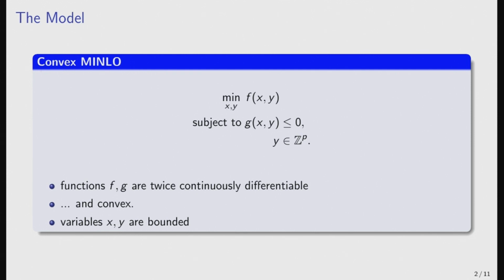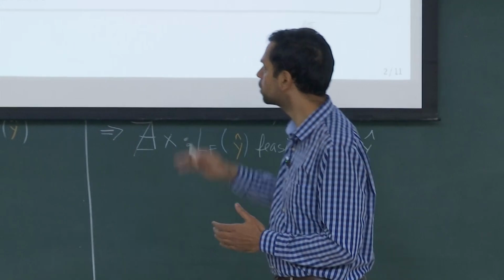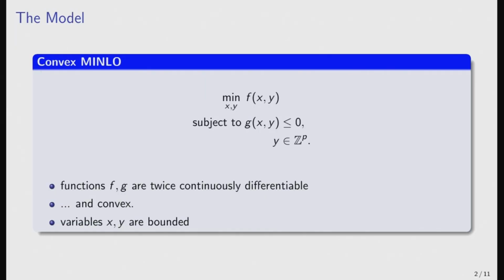Convex because we would like to use some underestimators or these linearizations, and twice continuously differentiable because occasionally in our algorithm we would like to solve some restriction of this problem by using some nonlinear optimization method which uses KKT conditions, which relies on first order derivatives and also sometimes second order derivatives to check whether a given point is a minimum or not. So both these conditions are important.